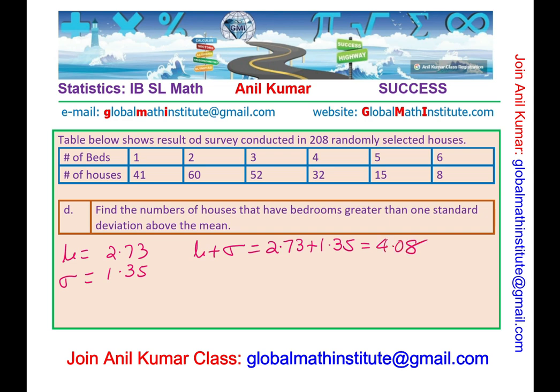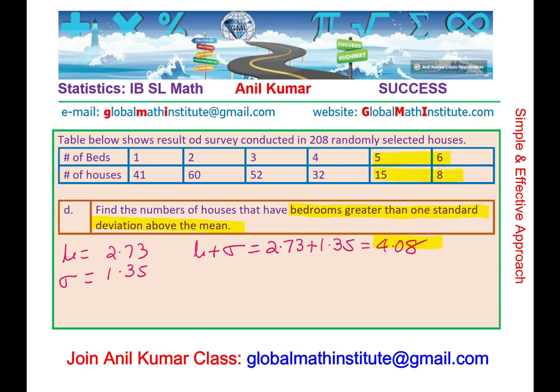So we are looking for now the houses which have more than 4 bedrooms, right? It says find the number of houses that have bedrooms greater than one standard deviation above the mean. So more than 4, right? So more than 4 means a house will have 5 or 6, correct?